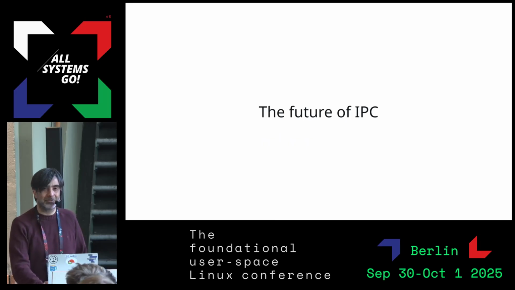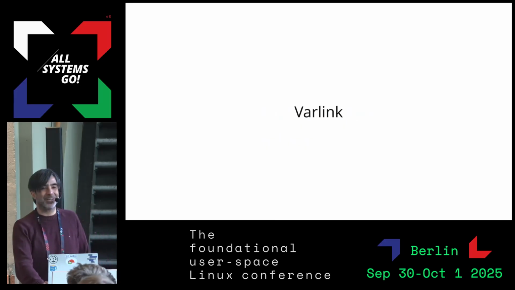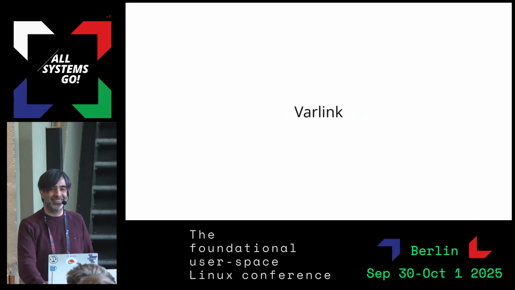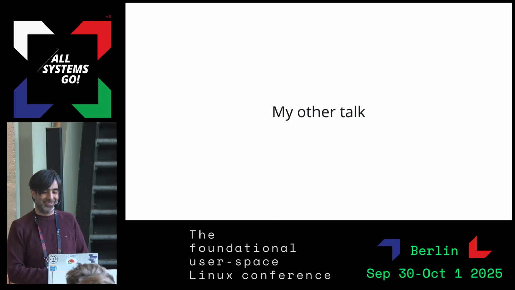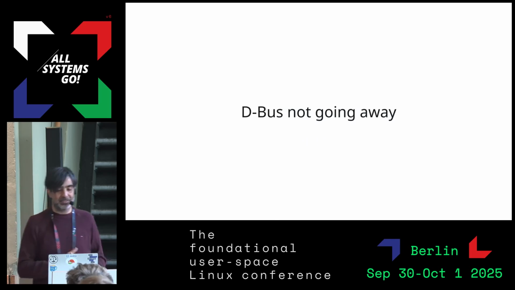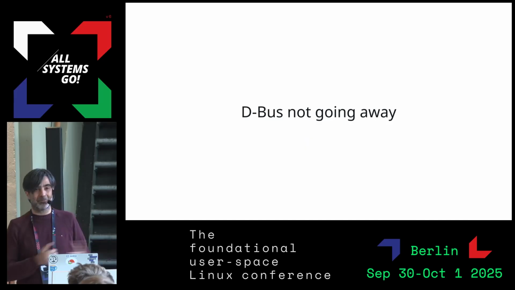But what is the future of IPC? I think that's something called Varlink. You might have heard of it if you're here. But for that, you have to come to my other talk about that. But dbus is not going away anytime soon. You will still want to use zbus, and if you use it, then it's super optimized now.